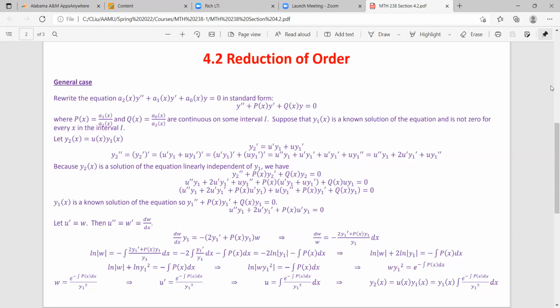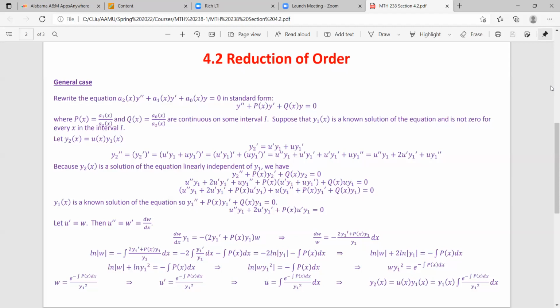So this reduction of order is about how to find the second linearly independent solution if you already found one solution for the associated linear equation. How do you find the second one, linearly independent of the first solution?